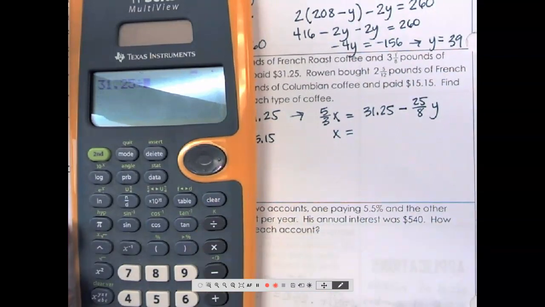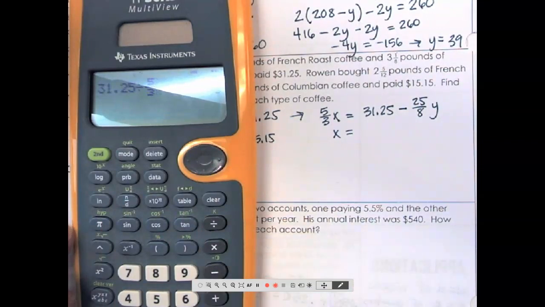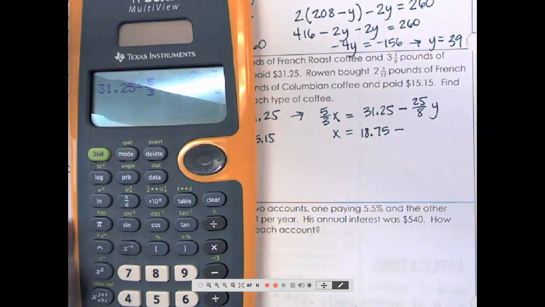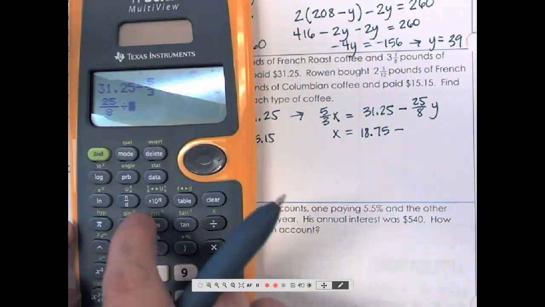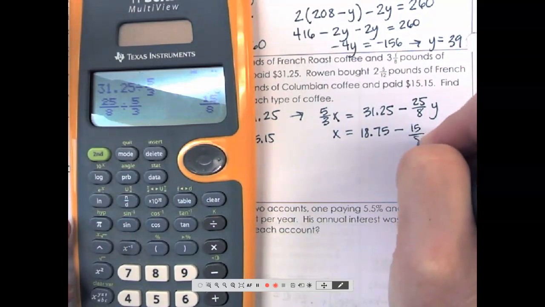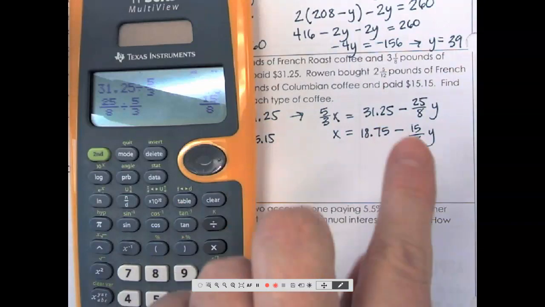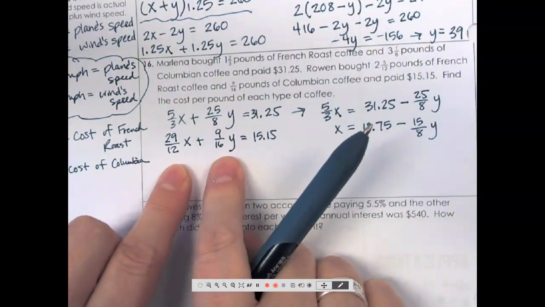31.25 divided by 5/3 is 18.75 minus 25/8 divided by 5/3, which is 15/8. Okay, that lovely thing is going to be subbed into this lovely equation.